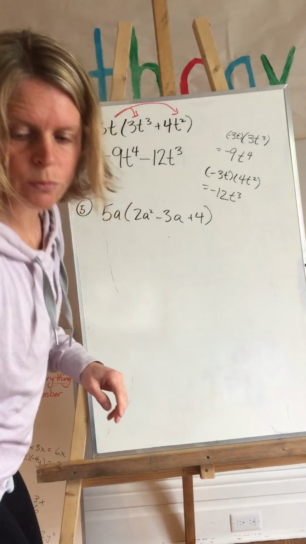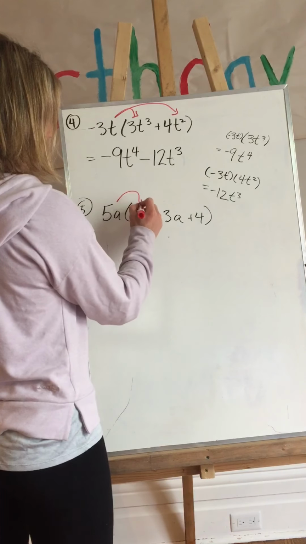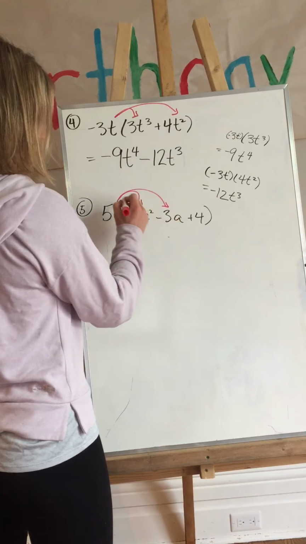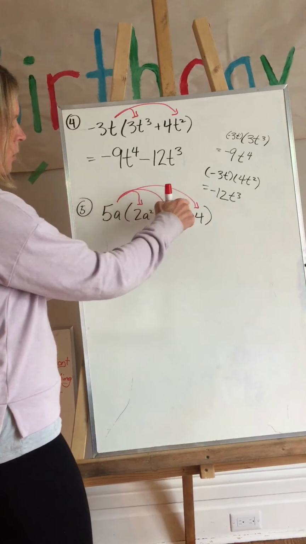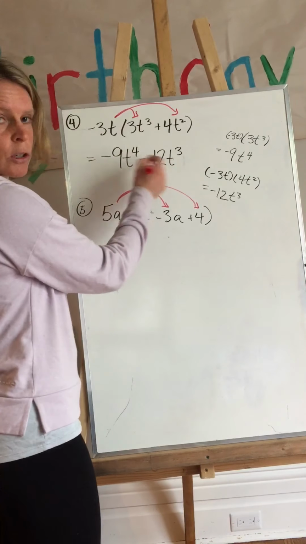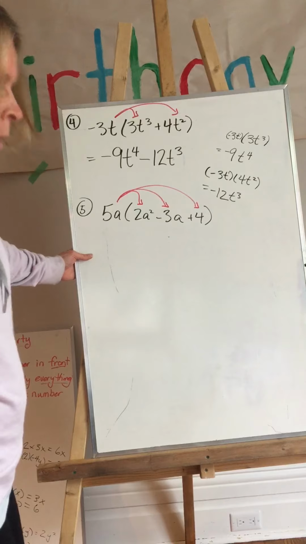Okay, so of course you've pushed pause and you're back for the answer. So arrows, I've got the 5a times the first term, times the second term, and in this case also times the third term. Okay, 3 arrows should end up with 3 terms, just like 2 arrows here gave me 2 terms in the answer. I should have 3 terms in the answer for this one.